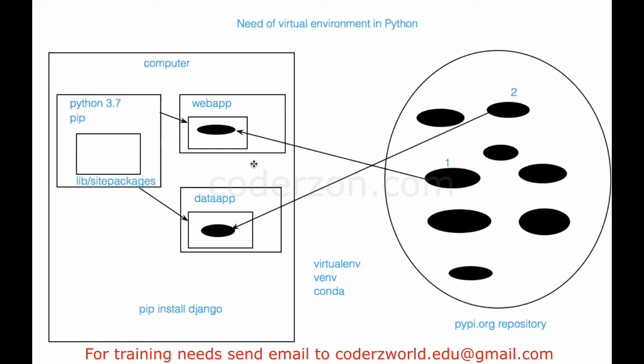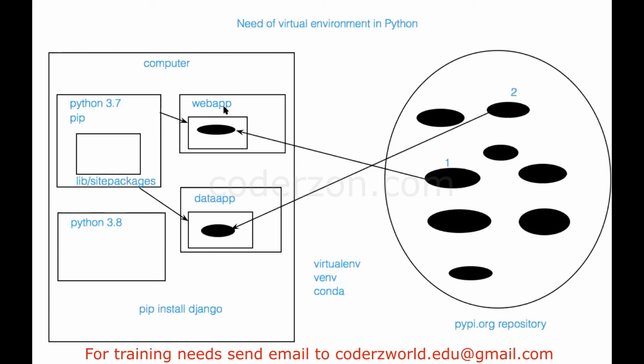One more thing is that on a computer we can install multiple Python interpreters. Here we have mentioned Python 3.7. We can have another Python setup, maybe Python 3.8. Here we have two Python installations on this computer.